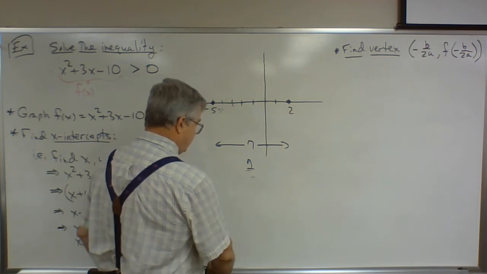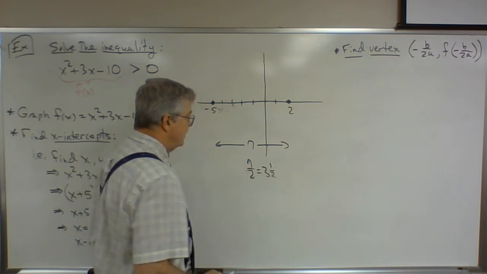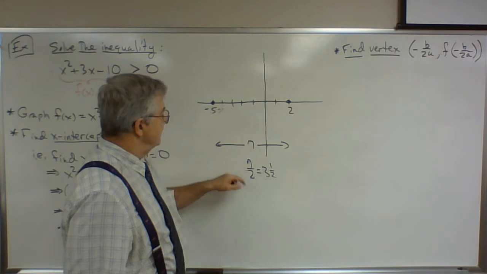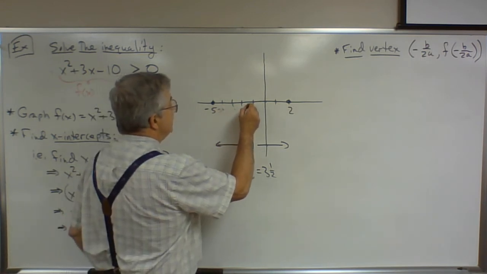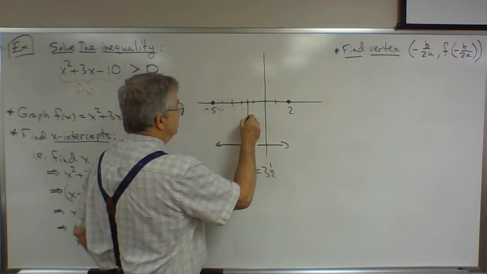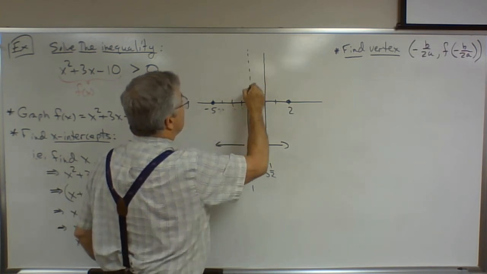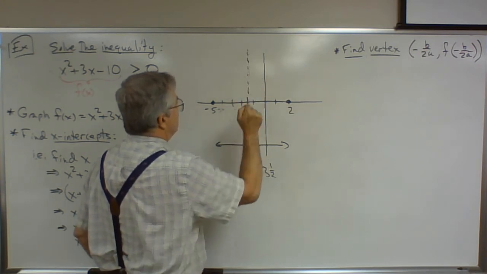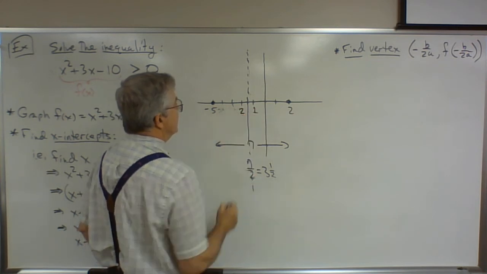No, I don't think so. 7 halves, or 3 1/2. Halfway between here and here, we go 3 1/2 units. 1, 2, 3 1/2. This is our axis of symmetry. Four, 3, 2, 1. Okay.